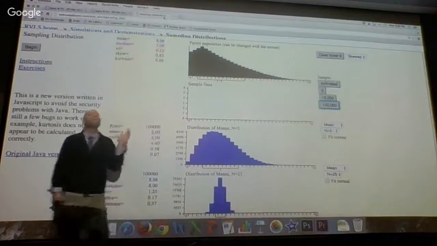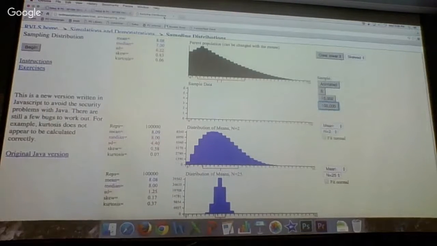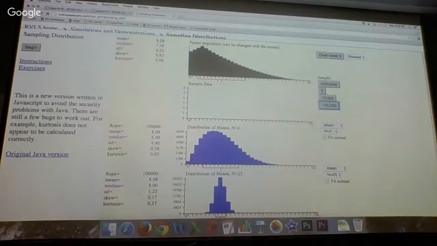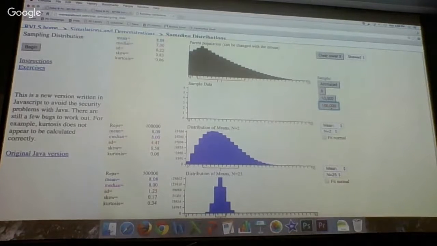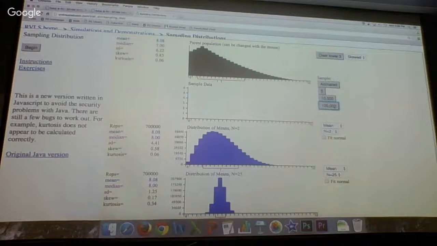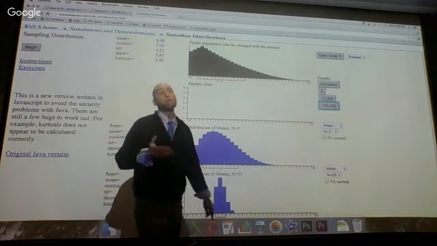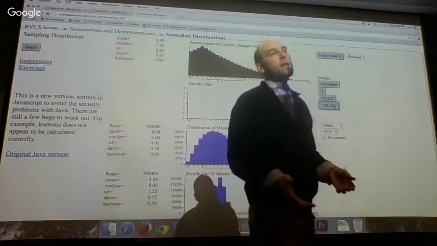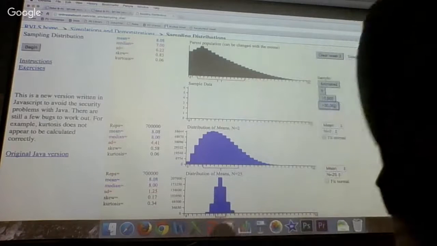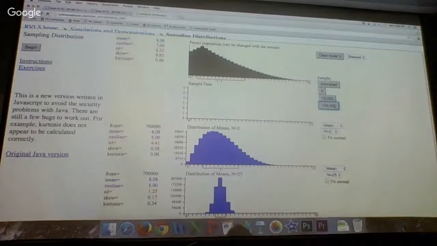Sure, 100,000 reps is a lot, and 1,000,000 reps is a lot too. Maybe all, maybe close to all, but strictly speaking, the definition is all possibilities, and it's for a specified sample size. That's the other important part of the definition of the sampling distribution of the sample mean: it has to be for a specific sample size.